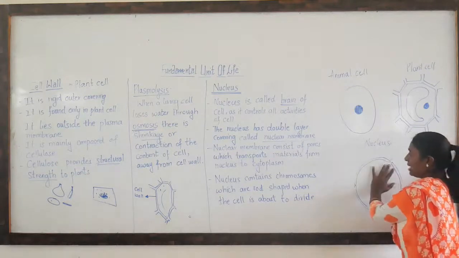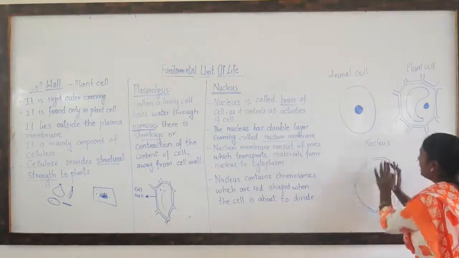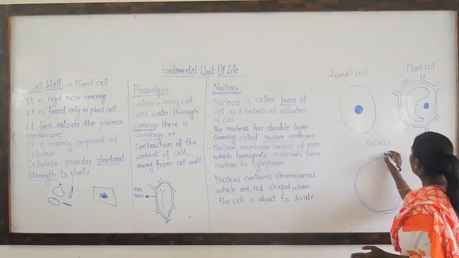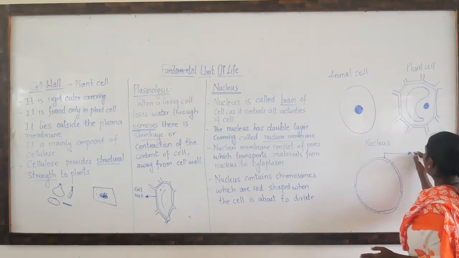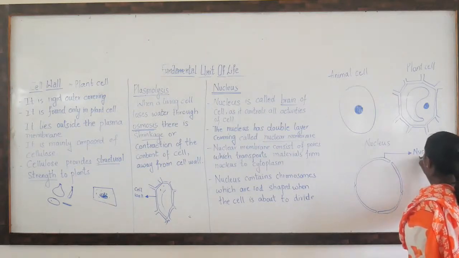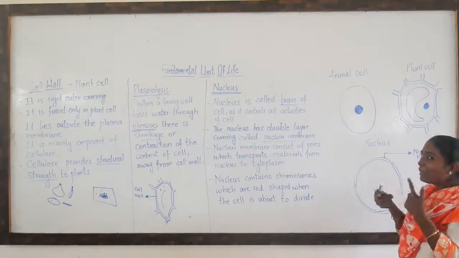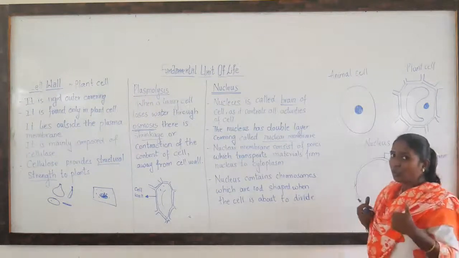The nucleus consists of a membrane, okay? This outer membrane is called the nuclear membrane. Go one minute back to prokaryotics and eukaryotics.